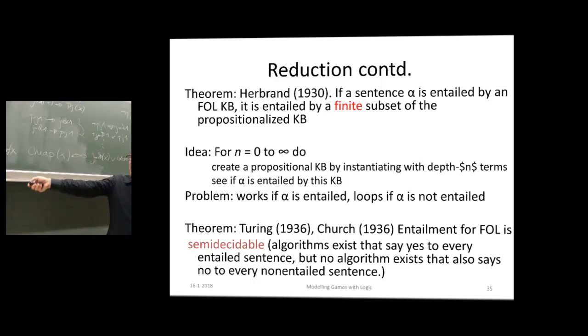And this is why we have this theorem at the end: we can find all the things that are entailed, but we cannot decide whether something is not entailed, because our algorithm to decide entailment could run forever.